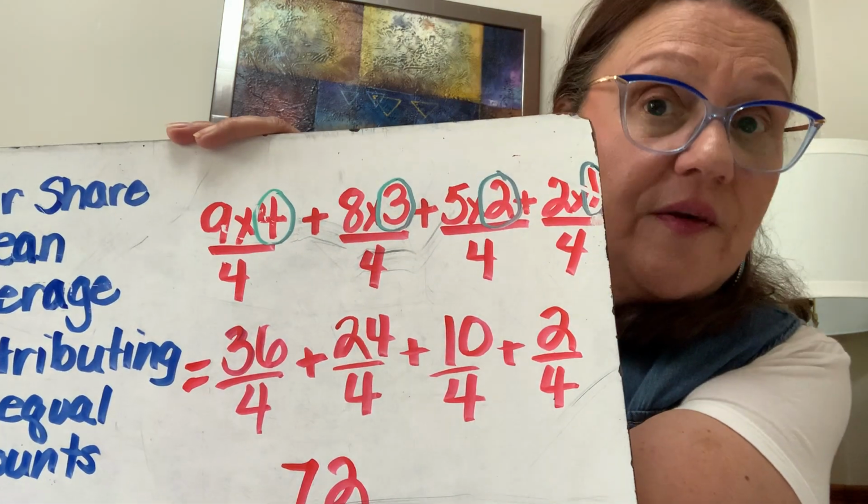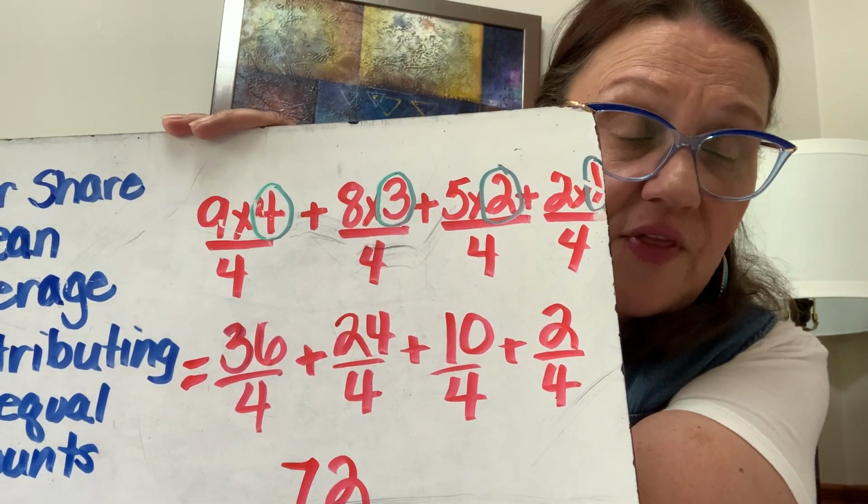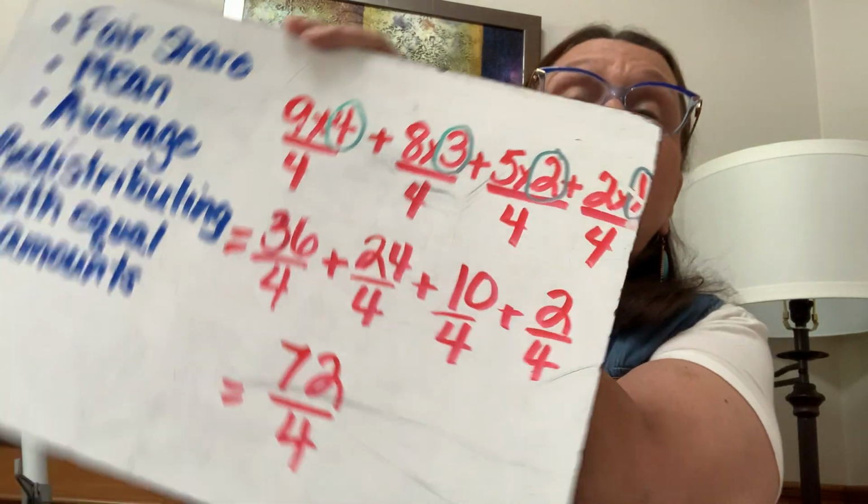The average, or the mean, in math is your total divided by the number of observations, or x's, which we already know is 24. I've modified this just a little bit because we have not yet learned multiplication and division of fractions.